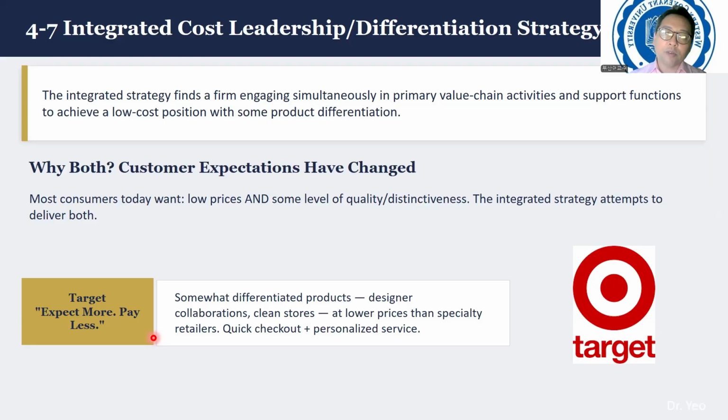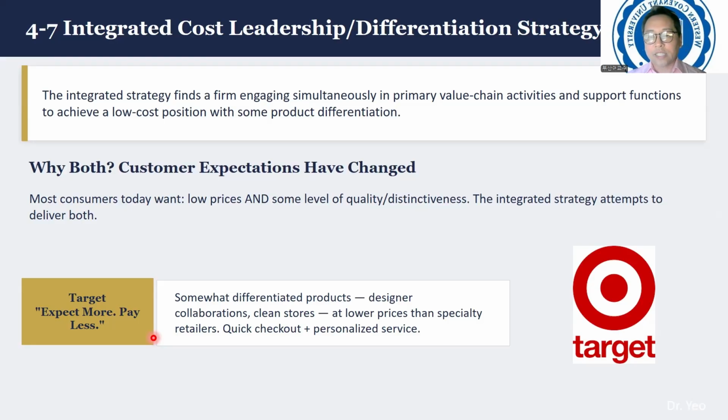You have to achieve operational efficiency good enough to keep costs competitive, and at the same time maintain enough distinctiveness that customers don't just go to Walmart. So you're trying to win on two fronts simultaneously. Porter himself warned against being stuck in the middle, a firm that is neither the cheapest nor distinctive enough. The integrated strategy can become stuck in the middle if not executed with discipline and flexibility.